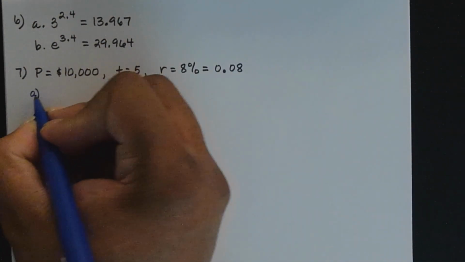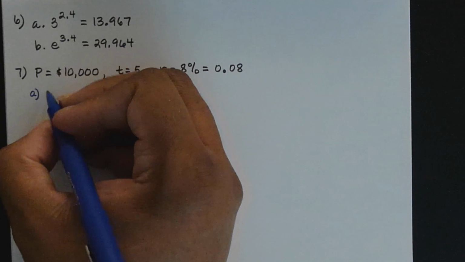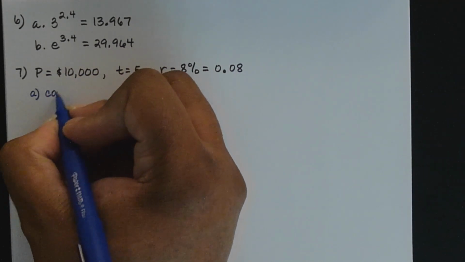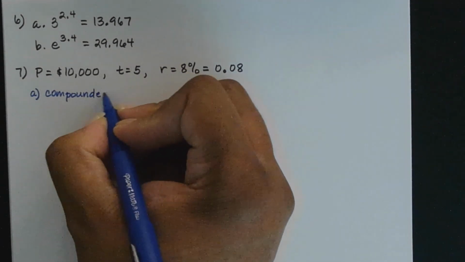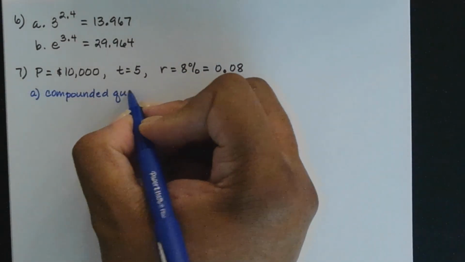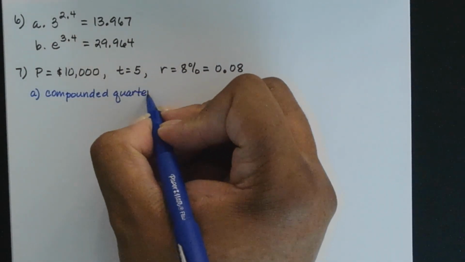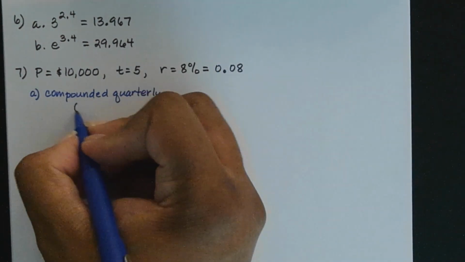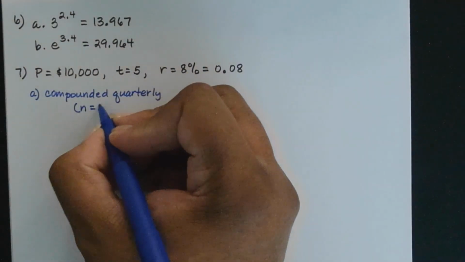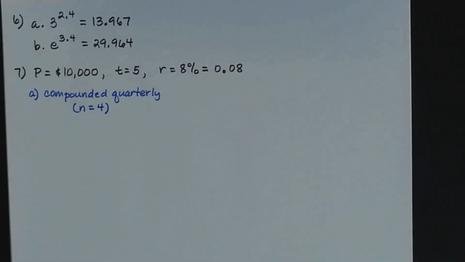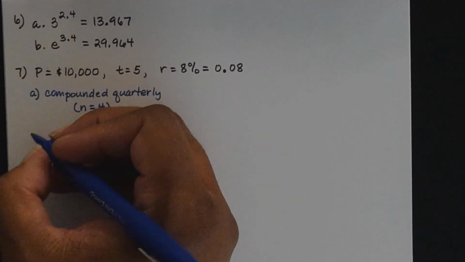So now in part A, they want the accumulated value if it was compounded quarterly. That means how many compoundings are there in a single year? 4. So n would be equal to 4. And with n number of compoundings, we have to use this formula.